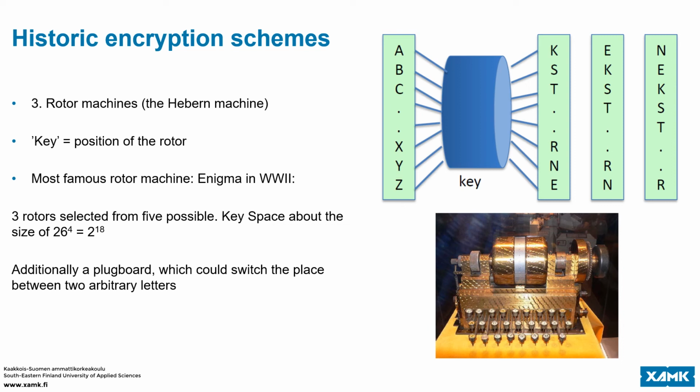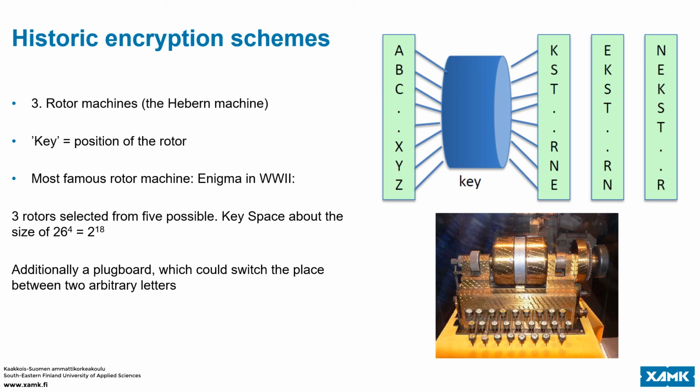In the Enigma, there are 3 different substitutions that happen one after another, and to make things even more complicated, you would use 3 rotors that were selected out of a possible 5. This makes the key space roughly equivalent to about 2 to the power of 18.